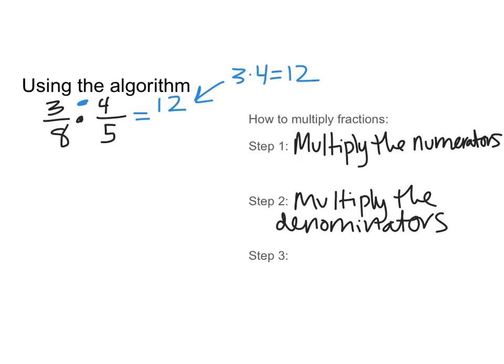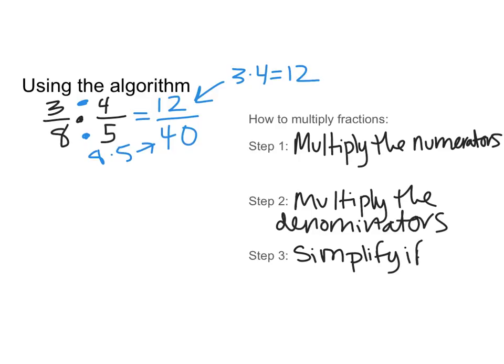So 8 times 5 gives us 40. And then step 3 is to simplify the answer if possible.